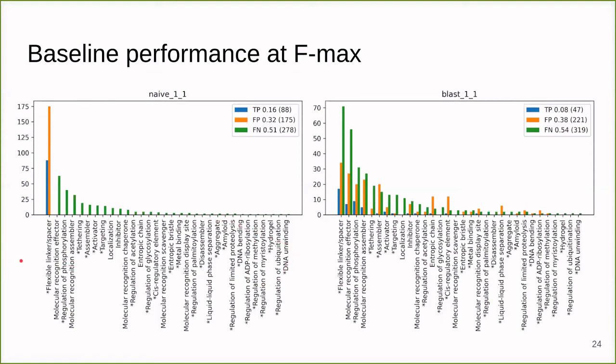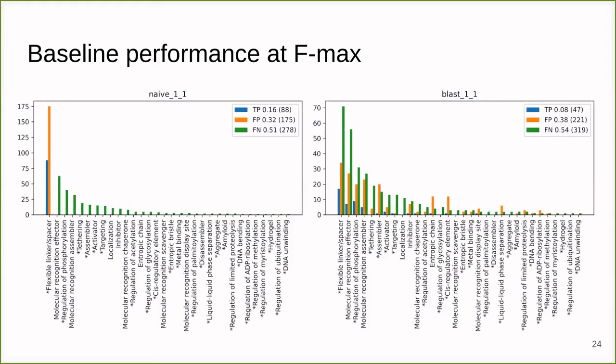And for the naive method, you see that it just predicts flexible linker spacer and gets almost the best F-score. So the idea was to try to remove this flexible linker spacer and see what happened.